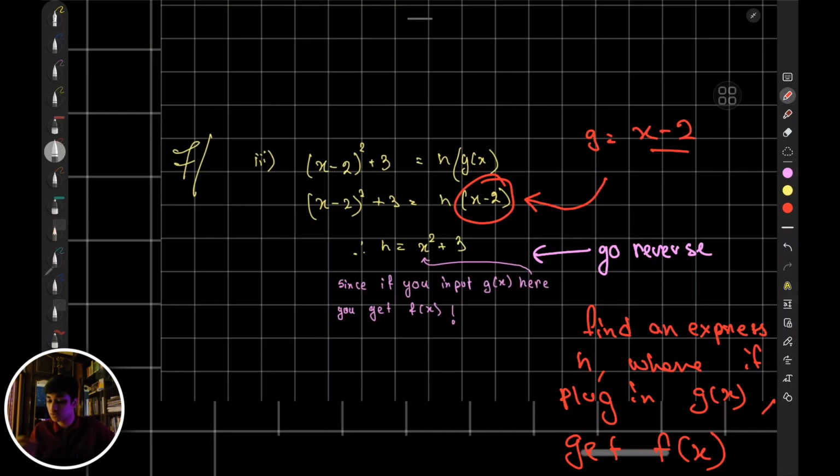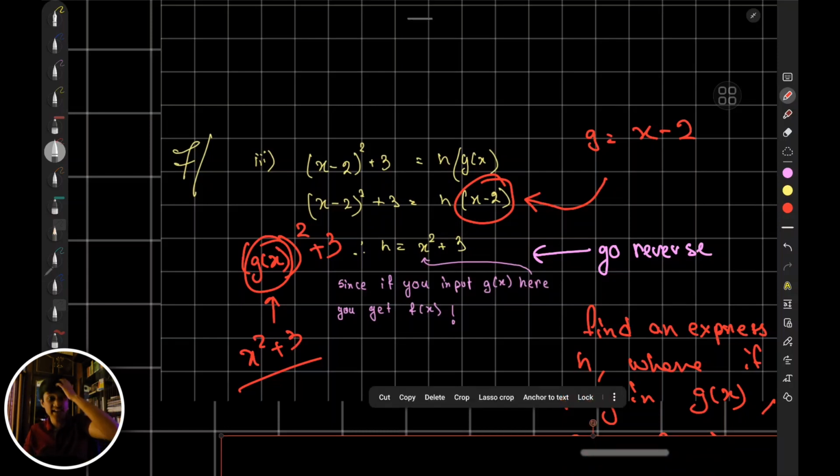So consider this g of x. (g of x) whole square plus 3. So you already have an answer. Because if you consider this, x square plus 3 is your function for h.